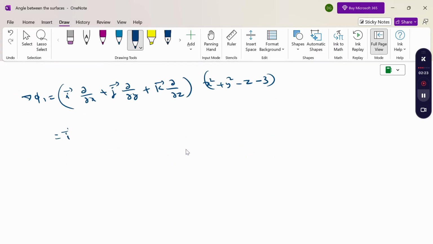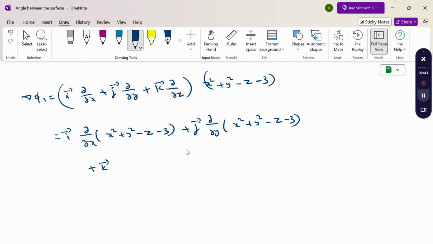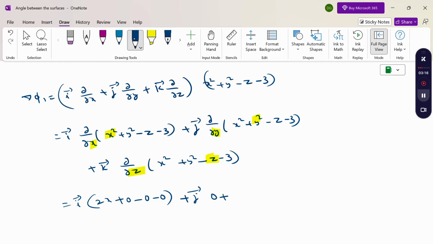So i vector dou by dou x of x square plus y square minus z minus 3, plus j vector dou by dou y of the same, plus k vector dou by dou z of the same. For dou by dou x, x is the variable and the other terms are constant; similarly for y and z. Therefore it is 2x, other terms 0, plus j vector 2y, plus k vector minus 1.